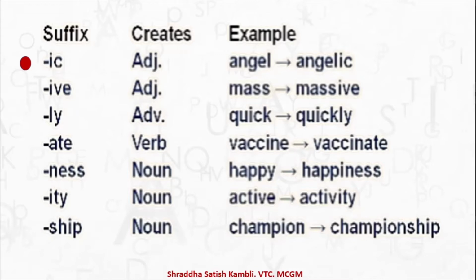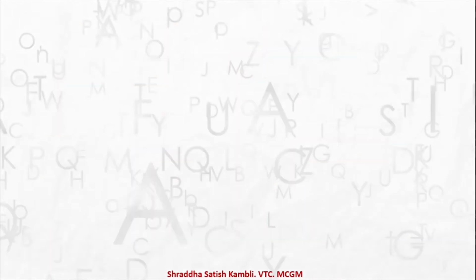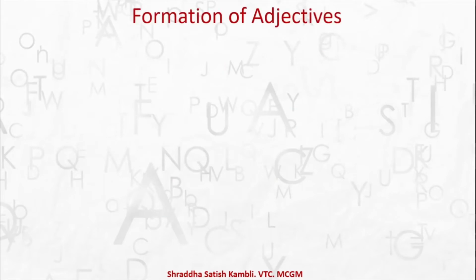Now, if you refer to your scholarship book, children, they have given us how suffixes can change words by showing how adjectives are formed, how nouns are formed, and how verbs are formed. So let us follow our book and see these separately also. So let us first talk about formation of adjectives.